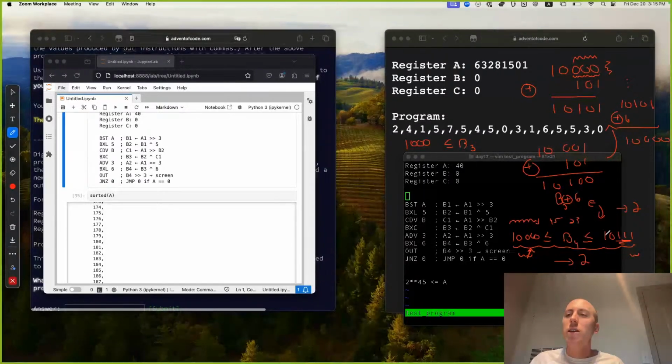And what's the biggest value among the elements in between? When you take 10010 and XOR it with 6, you get 10111. So that upper bound does remain there.